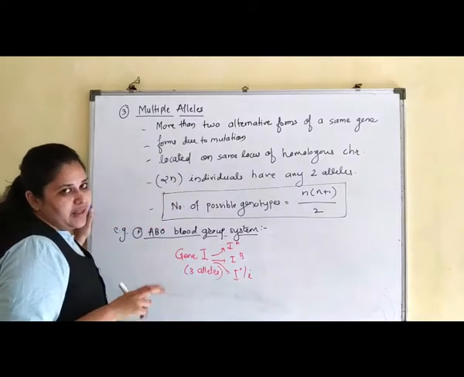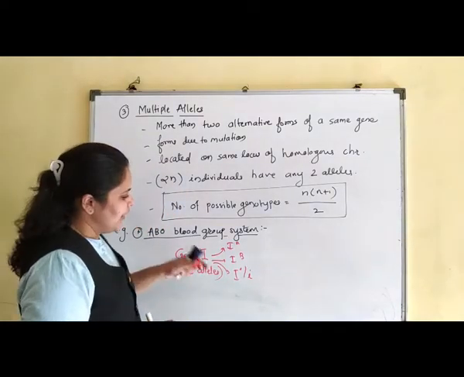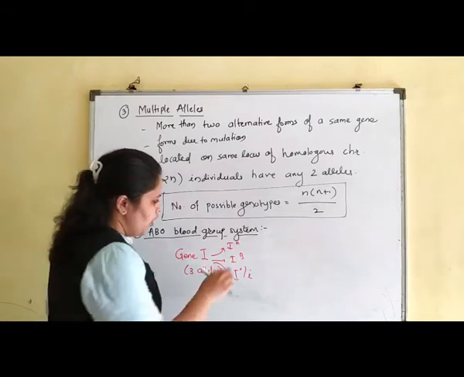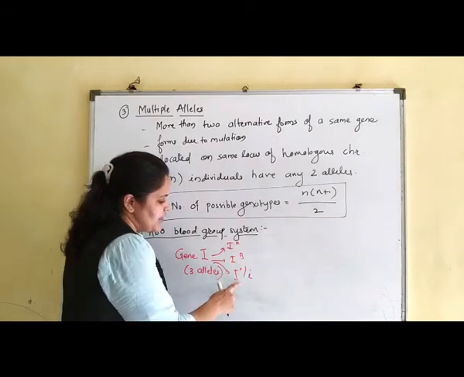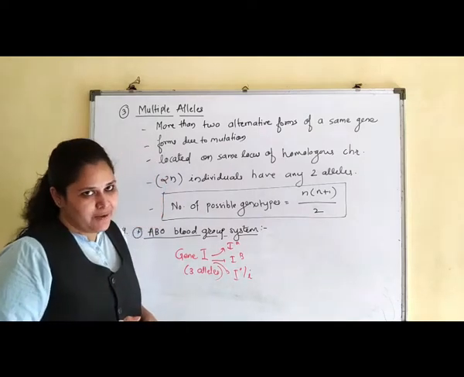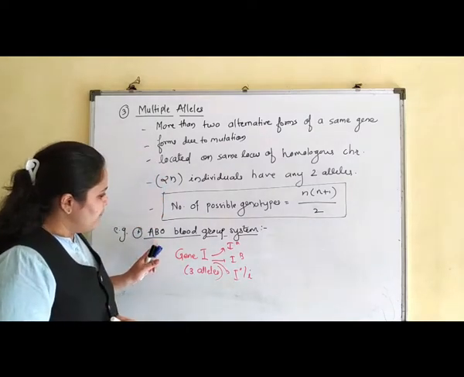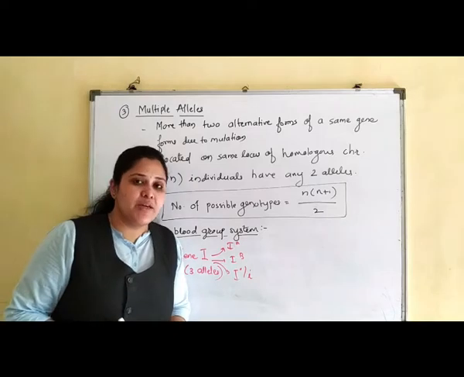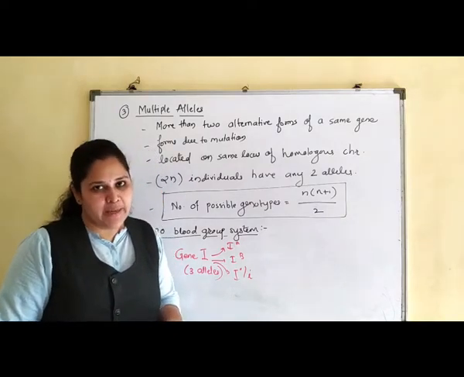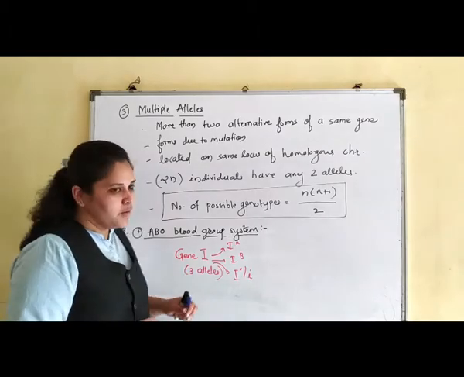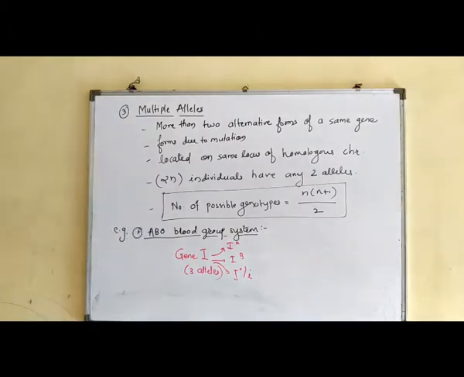Fine. 3 alleles. A diploid organism gets any 2 of these. From this, IA is dominant over small i, and IB is dominant over small i. So in the ABO blood group system, let's see how many possible genotypes and how many phenotypes are possible.